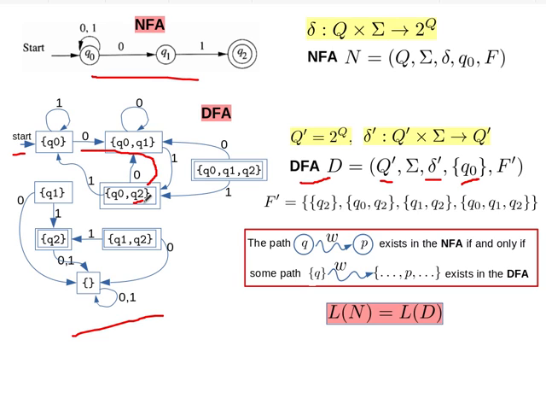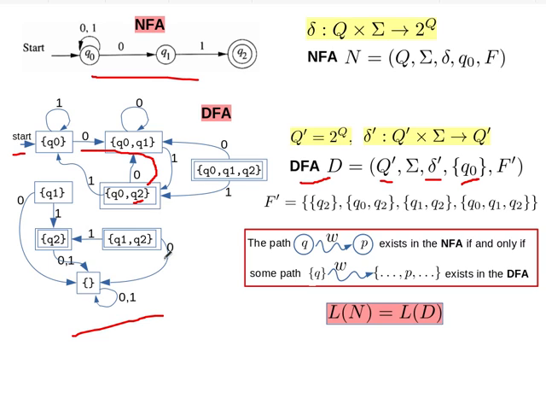So here also we can make this a final state. Since q2 is the only final state in the NFA, the logical thing is to define the final states such that q2 is included. So this is a final state, this is a final state, this is a final state, and others are not.